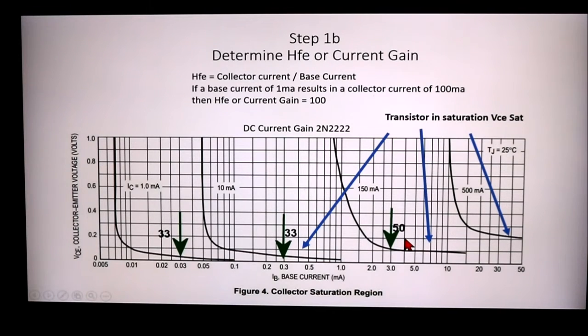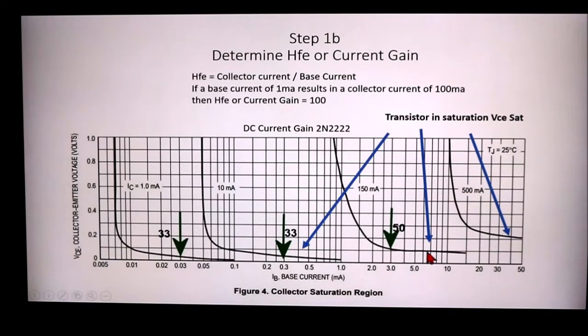So the current gain here is 50. Same transistor, but if we were using only 10 milliamps collector current, we put in 0.3 milliamps, the current gain here would only be 33. So we're going to use 50. It's close to what our requirements are.